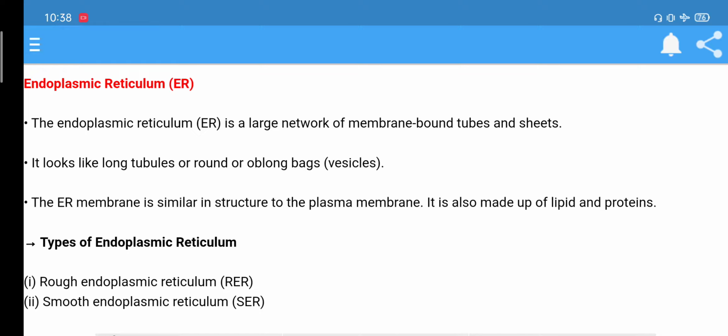The endoplasmic reticulum is a network of large membrane-bound tubes and sheets. These membrane-bound structures are called vesicles.